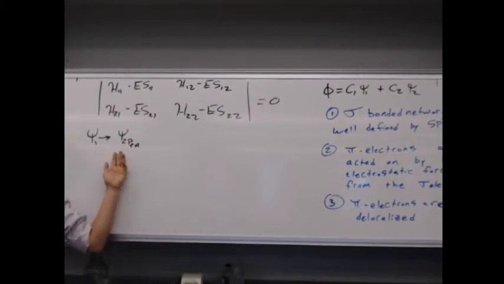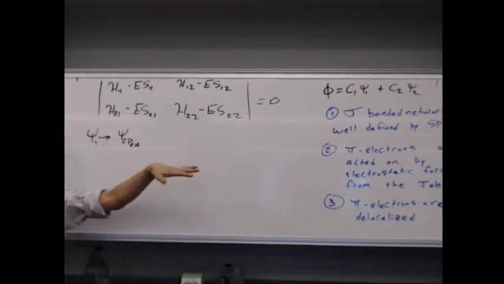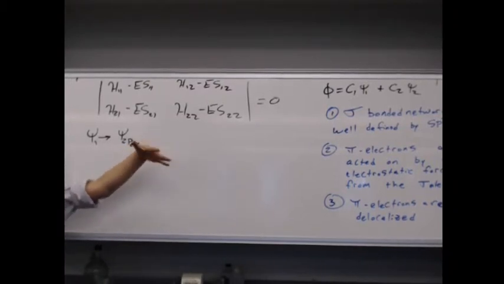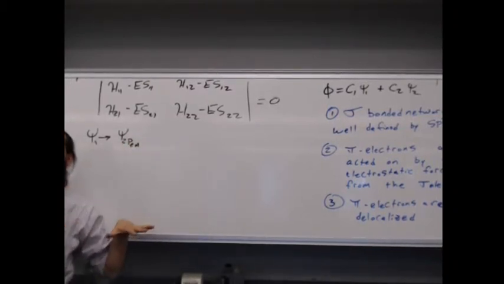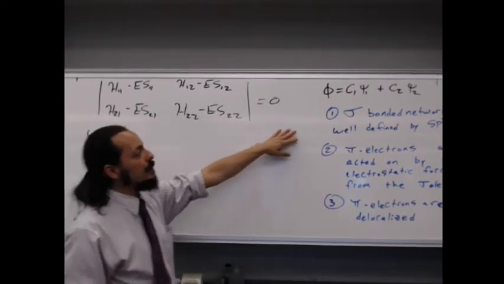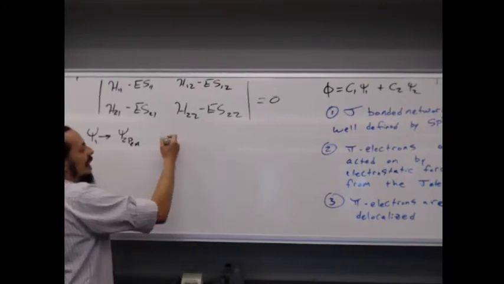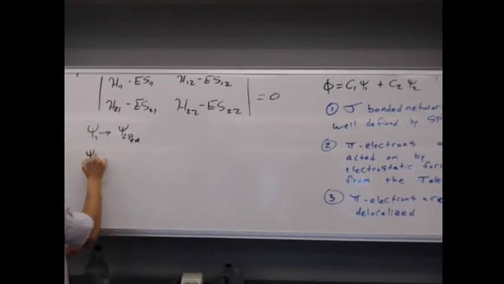I picked the z for a couple of reasons. One, the equation is easier. Two, that means that any conjugated system we're looking at, the sigma network's going to be in the xy plane. But this first approximation allows us to say the only thing I need to worry about is the p electrons.